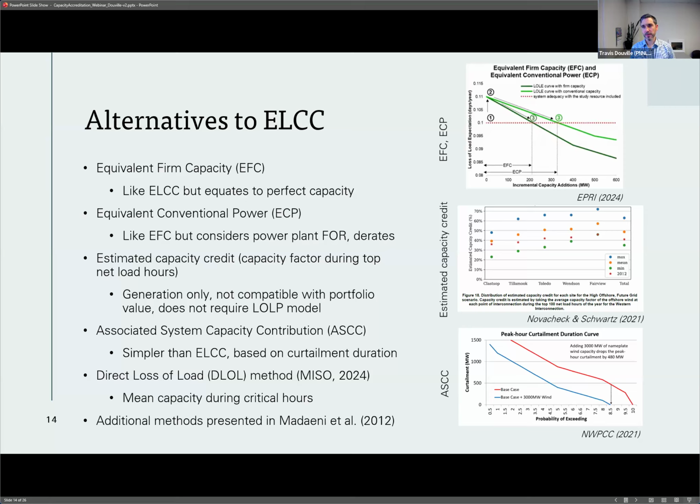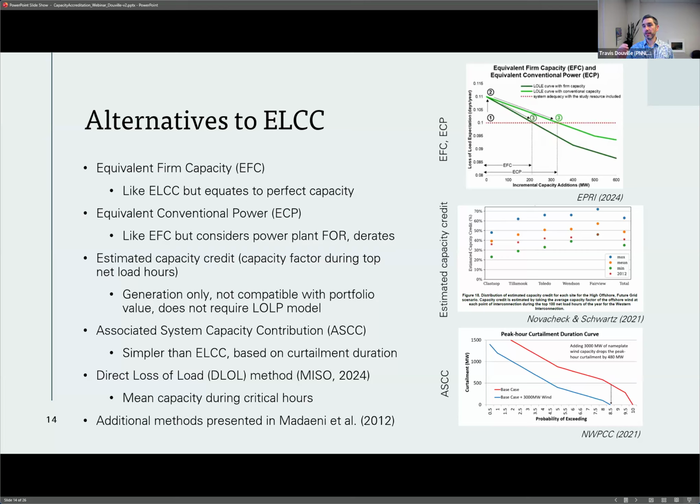LOLE increases. Finally, a perfect, aka firm capacity is added to the model to bring it back to the reference RA criterion. So to get it back to 0.1, we've added capacity now, and that's then the difference between 3 and 1, or the capacity addition between 3 and 1 would be the equivalent firm capacity. I'm referencing the image in the upper right. That would be the equivalent firm capacity of the increment that you have been modeling.